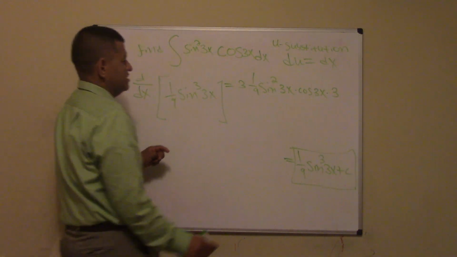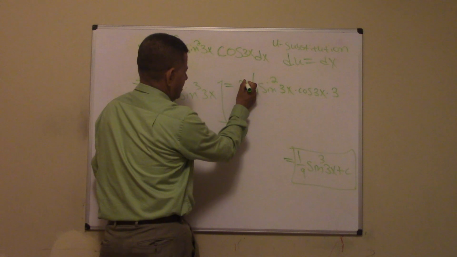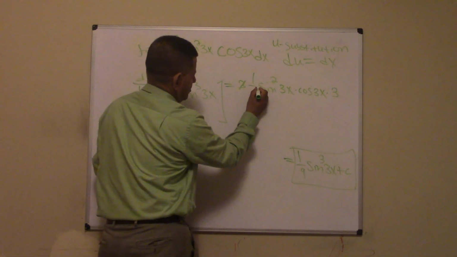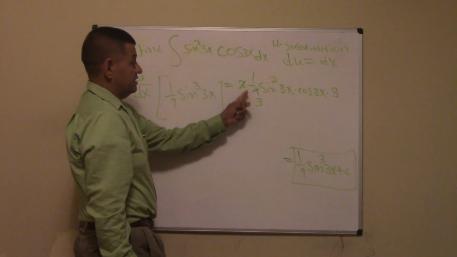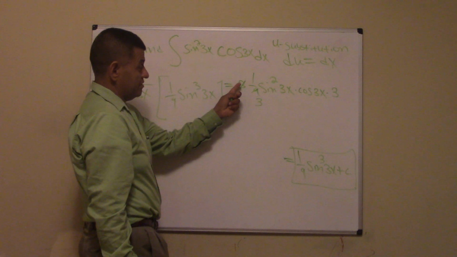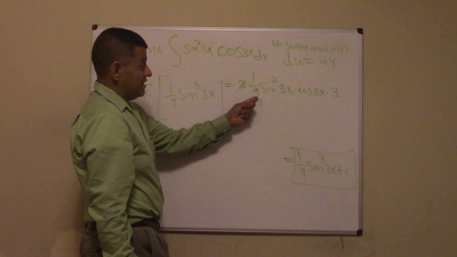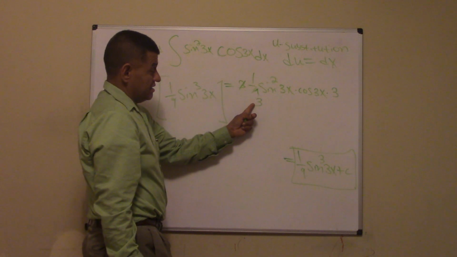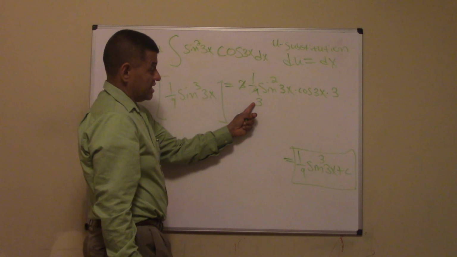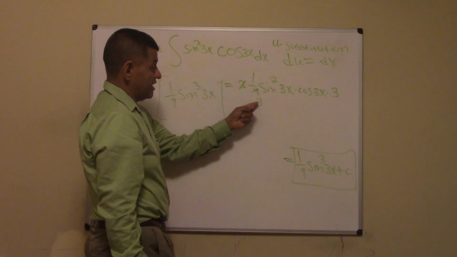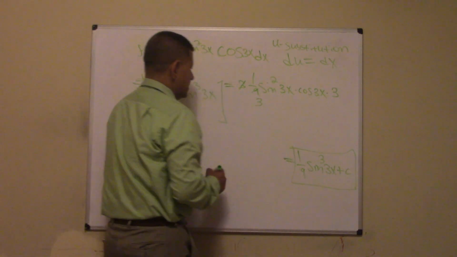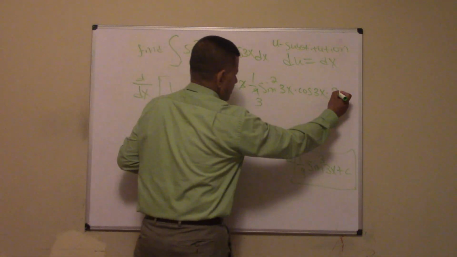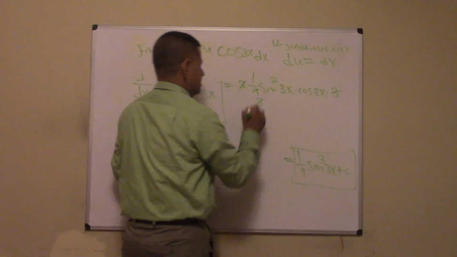So now let's do this. This 3 here cancels with the 3 in the 9; this 3 goes into 9 three times. Let me be clear, okay? Then this 3 here cancels with this 3 here, okay?